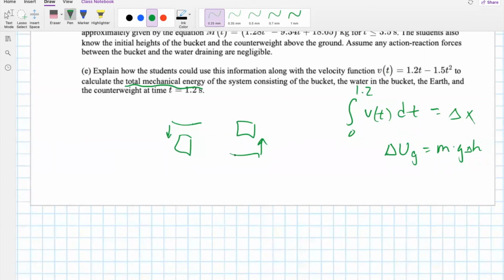So let's say we found out the displacement is, I don't know, 1 meter. If this goes up by 1 meter, this goes down by 1 meter, and we can compare the mass of the counterweight with that of the water in the bucket. Because at the end of the day, the mass at 1.2 seconds can be determined. So we know what the immediate mass of the system is at that point.